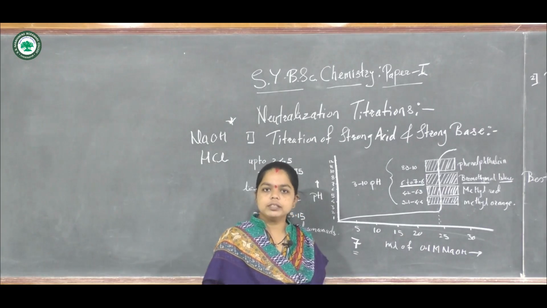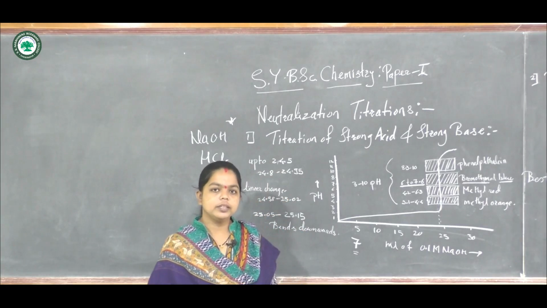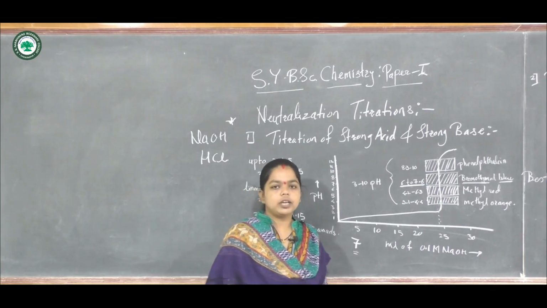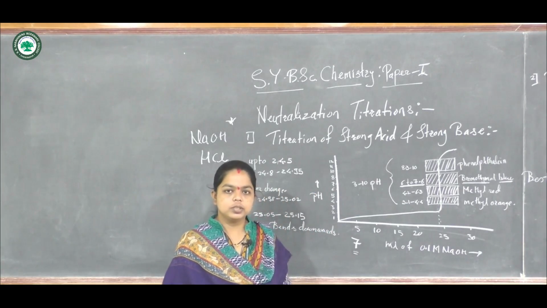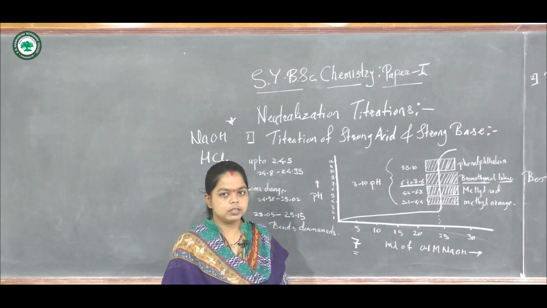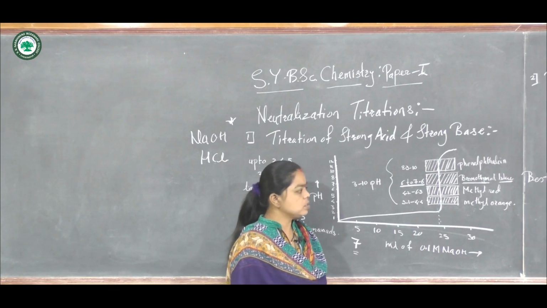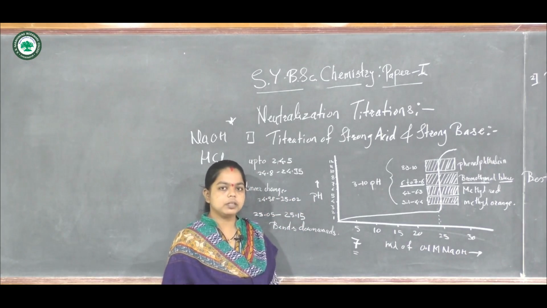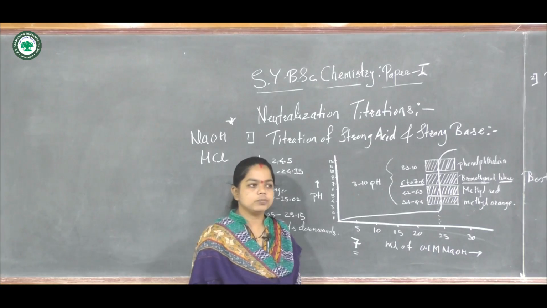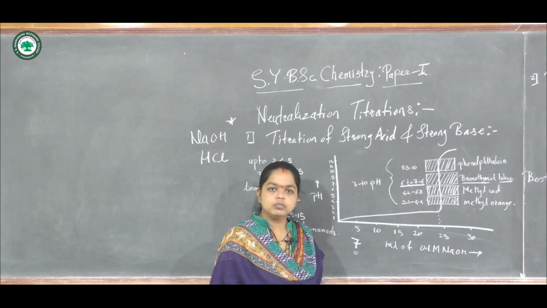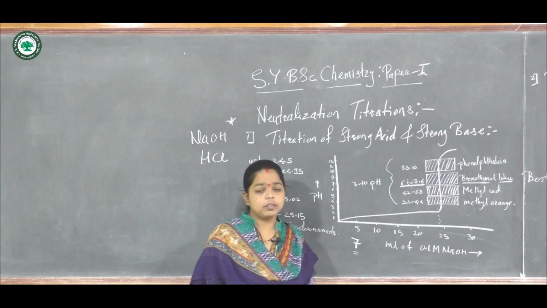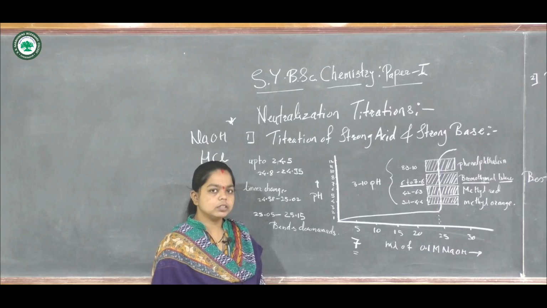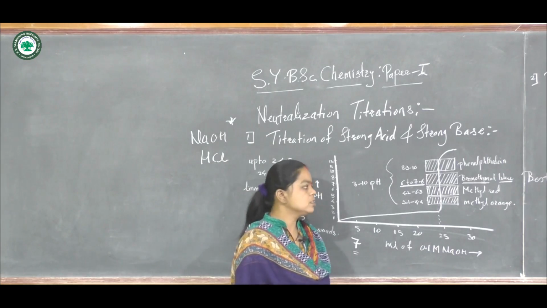So we can select the best indicator from this type of graph. This graph gives the overall indication of how the addition of the base takes place and what changes occur in the pH during the titration reaction. So this is about the strong acid and strong base. At different pH values, for example at the start pH 1, and after some time pH 5, we can calculate the H plus ion concentration for the particular stages of this titration.